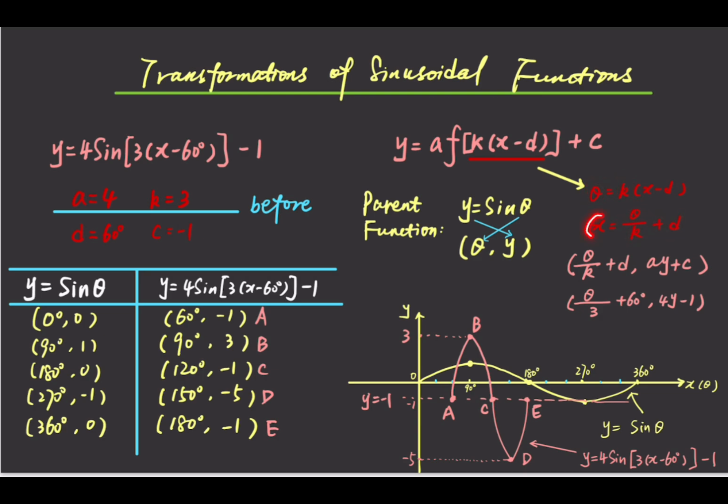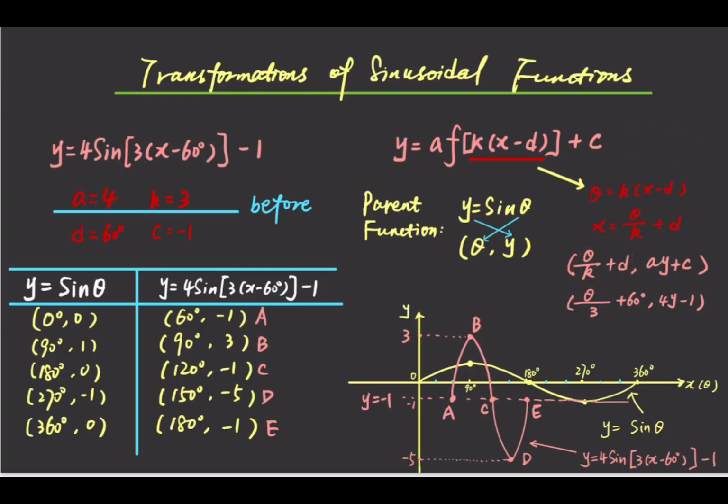Okay, this x is this x. That is, this x equals this one. So the point on this transformed function, its coordinate should be (x, y). But this x equals this one, so we use this expression to replace the x coordinate. This is the x coordinate.